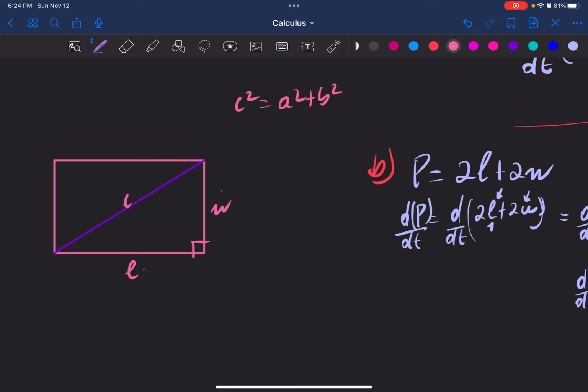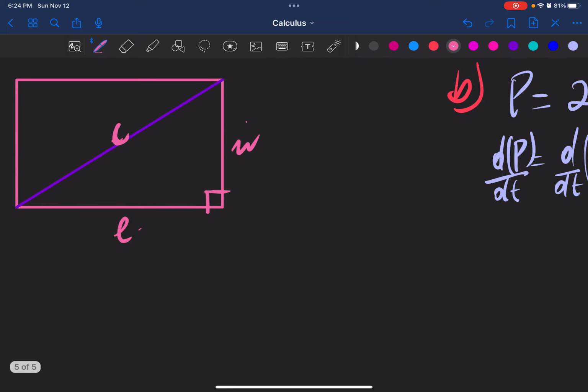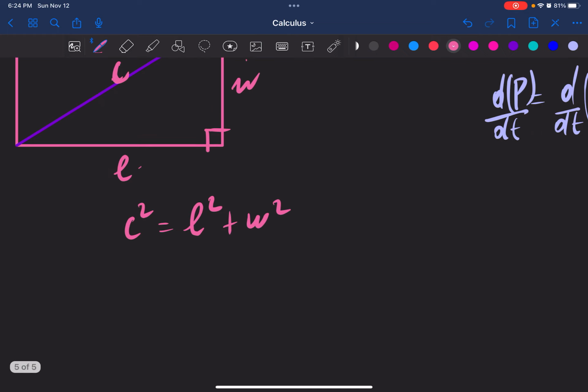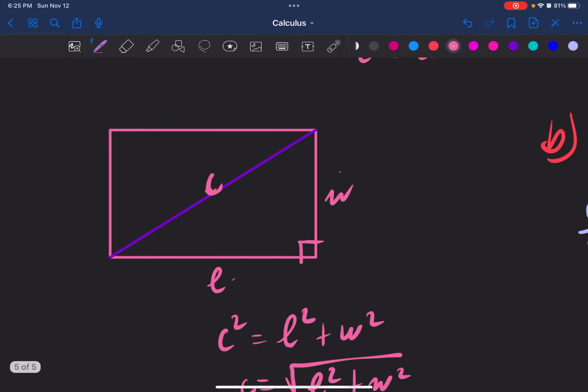So this long side that I just named C satisfies C squared is equal to the length squared plus the width squared. So C would be the square root of the length squared plus the width squared. We just found a formula that links this diagonal line with the width and the length.